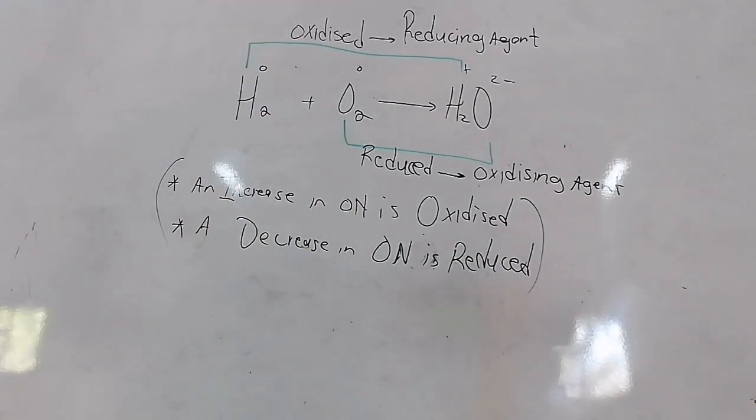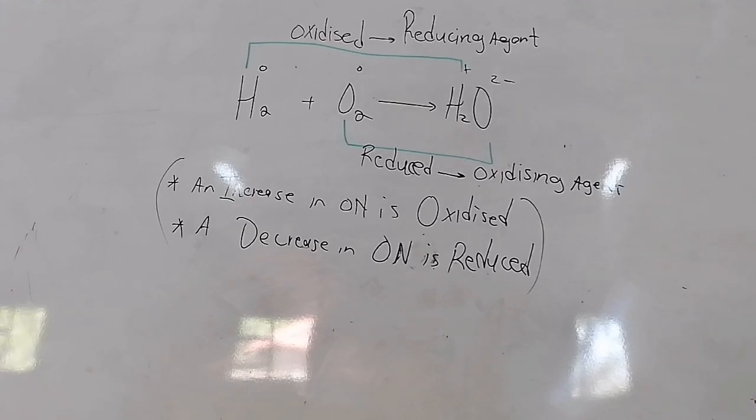I don't know if you remember those definitions I gave you, that the oxidizing agent is a substance causing the oxidation of the other substance and is itself reduced. So whenever we have an increase in oxidation number, it means that element is oxidized. So since it is oxidized, it means that it is the reducing agent. So don't see oxidized and then say it is the oxidizing agent.